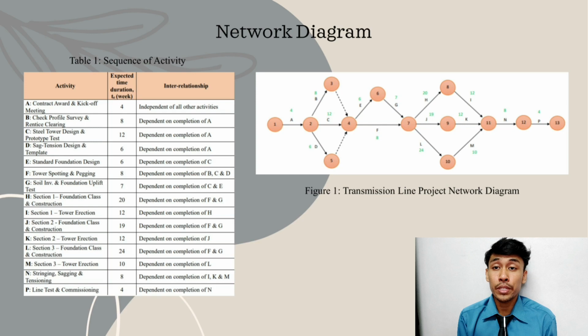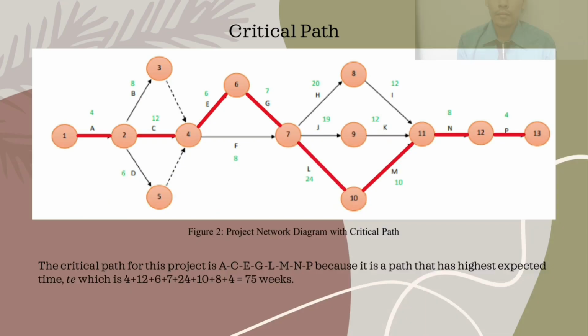Next, activities B, C and D depend on activity A's completion. It means that we cannot proceed with activities B, C and D until we finish activity A first. Activities B, C and D will be our second point in the network diagram. This procedure will be applied to all activities until it reaches activity P.